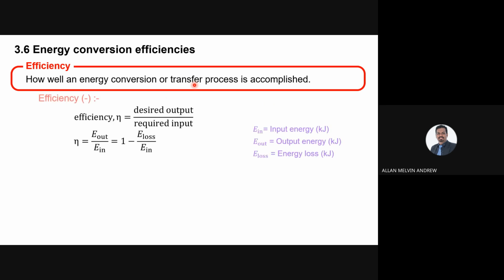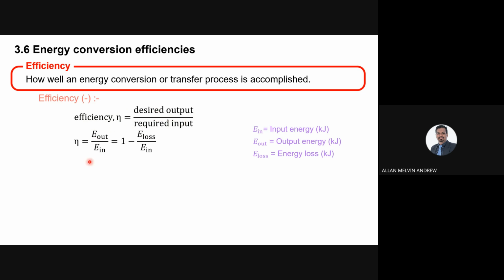So efficiency you can calculate based on a formula. The symbol for efficiency is η, which looks like an N. Efficiency equals desired output divided by required input.